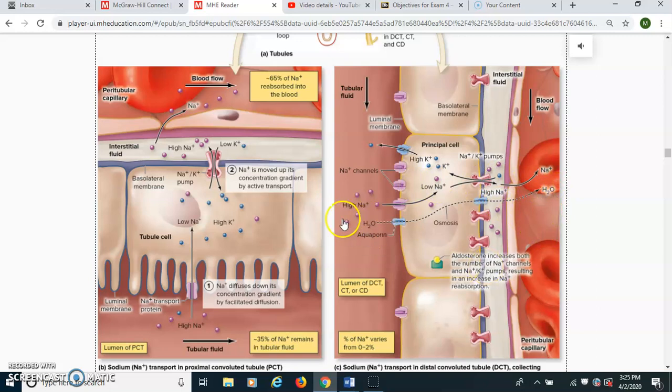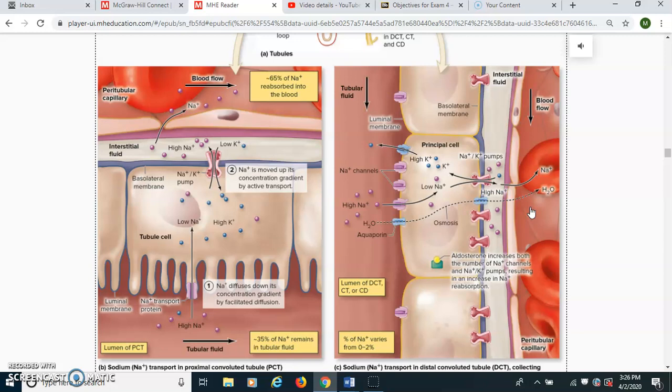Aldosterone can regulate sodium by causing more sodium reabsorption into our peritubular capillaries if we need to. Again, it depends on our state at that moment as far as how much sodium we have in our bloodstream.